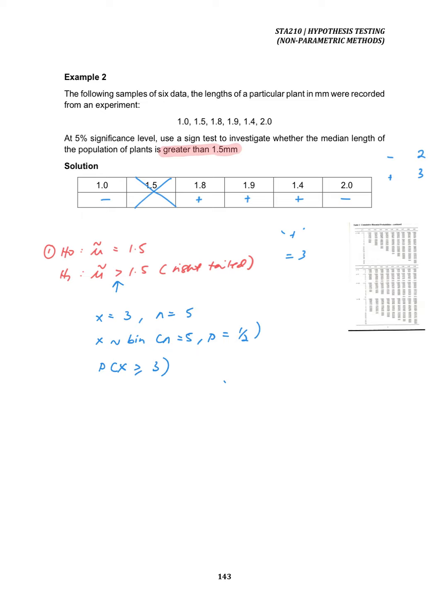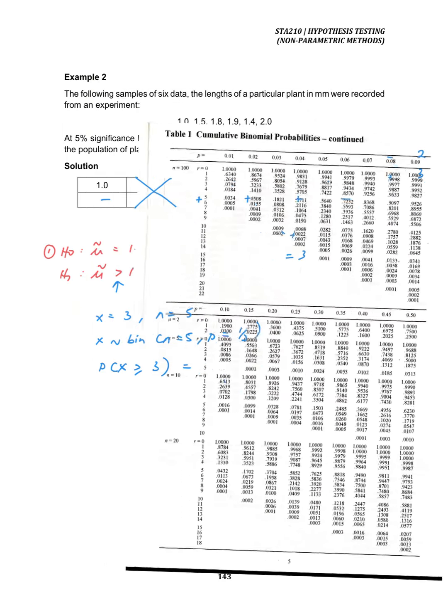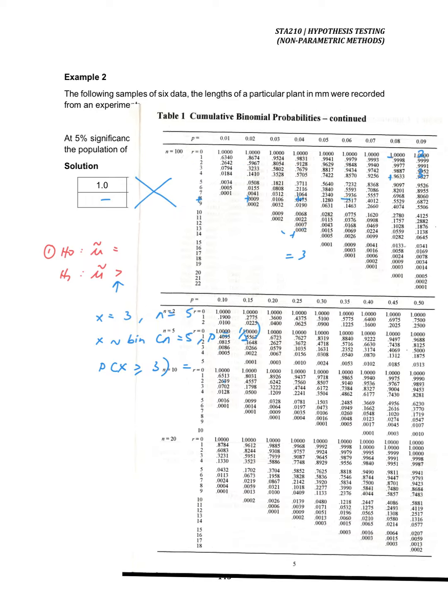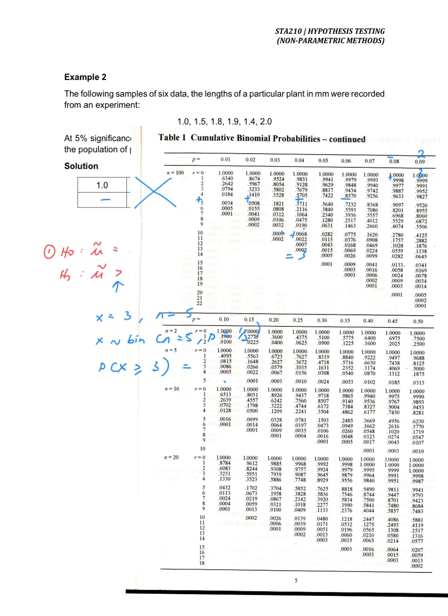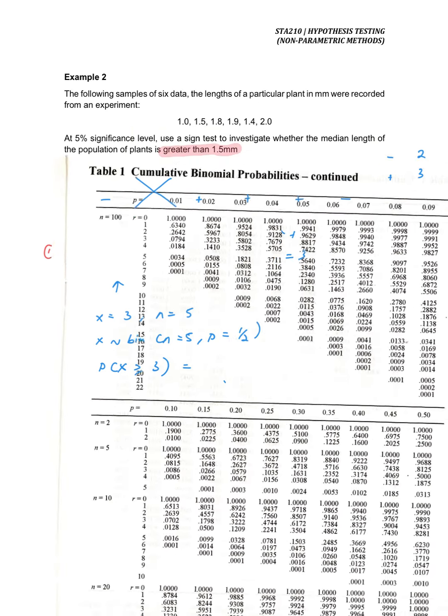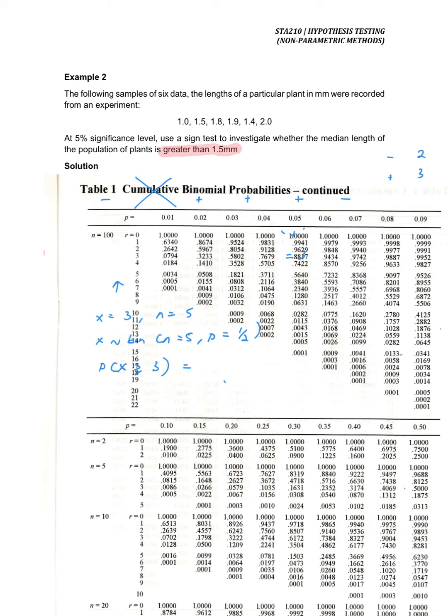Okay, so this value can be obtained from the table. Okay, what should you observe? You should observe at the N equals to 5. Sorry, salah lagi. N equals to 5 here, this one.